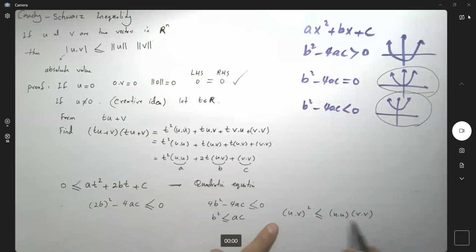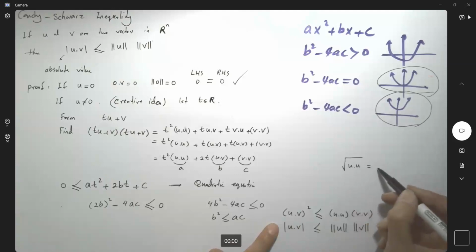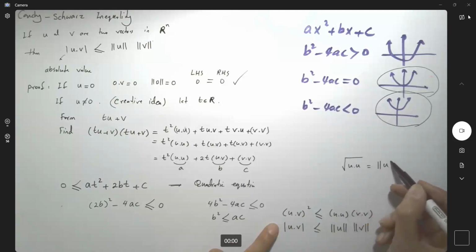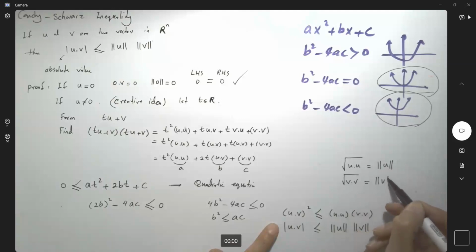If you take the square root of both sides, you get the absolute value of u dot v less than or equal to the square root of the dot product between u and u, which is basically the magnitude of u, times the square root of the dot product between v and v, which gives you the magnitude of v. Again, the square root of u dot u is finding the magnitude of u, and the square root of v dot v is the magnitude of v.